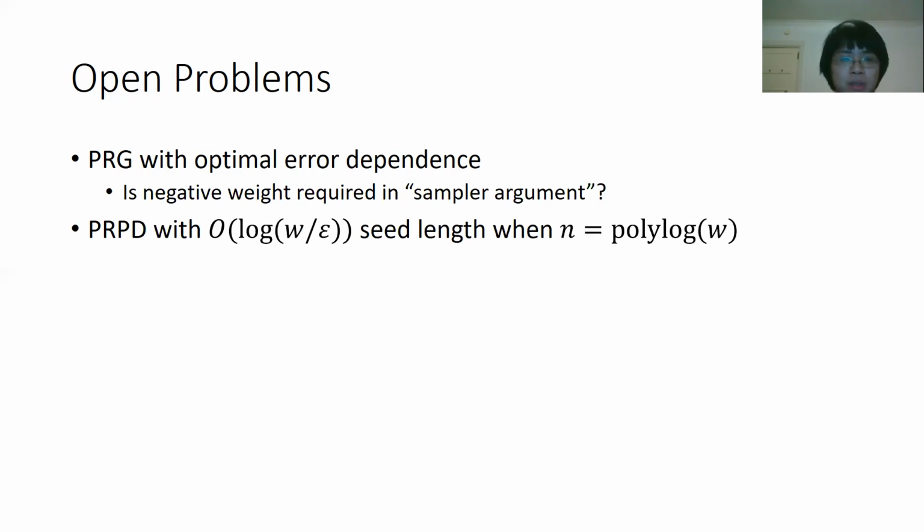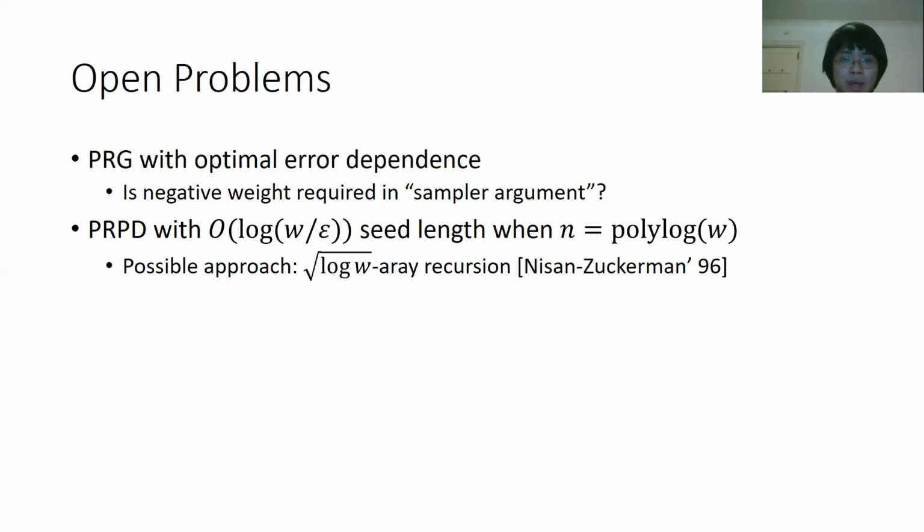The second open problem is to construct a PRPD with log W over epsilon C length when the branching program is very short, where the length is about log W. Note that such C length is achieved in the paper by Hozai and Zuckerman, but their technique is restricted to the hidden set generator. We think a possible approach is to apply the technique in this paper using a recursion tree with square root log W branches, as in Nisan Zuckerman.